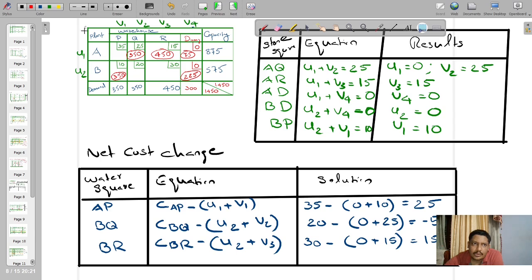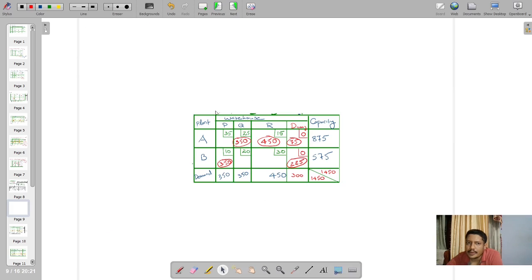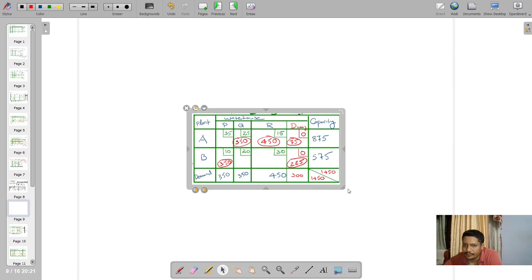Let me select this and add to the next page.